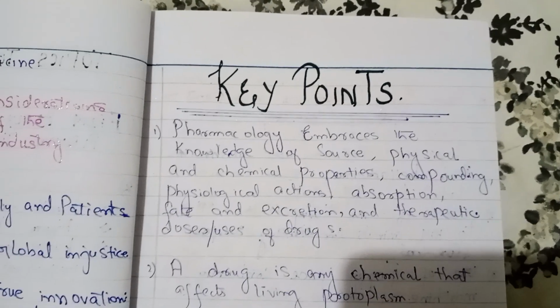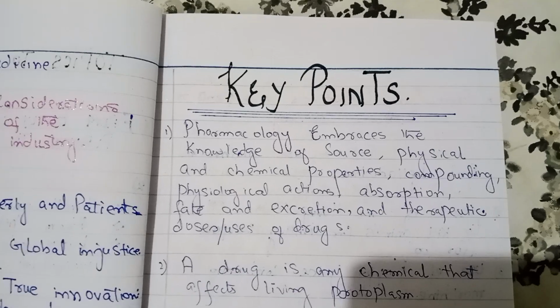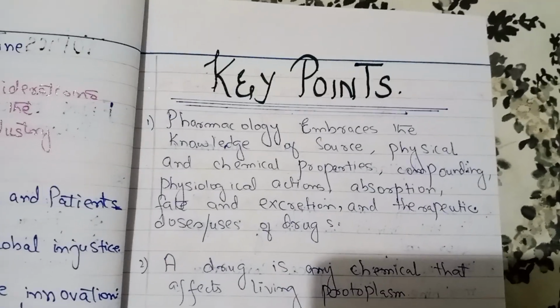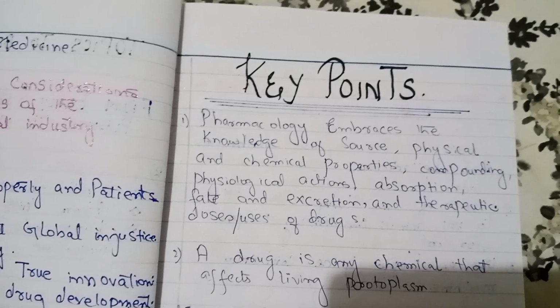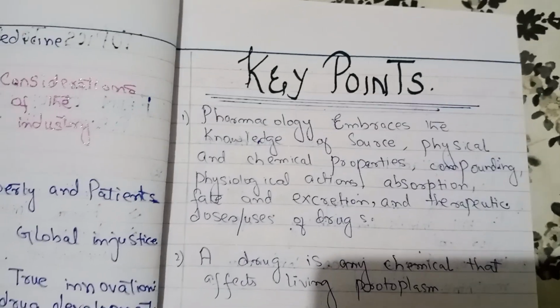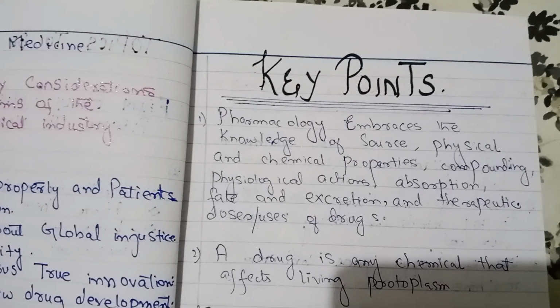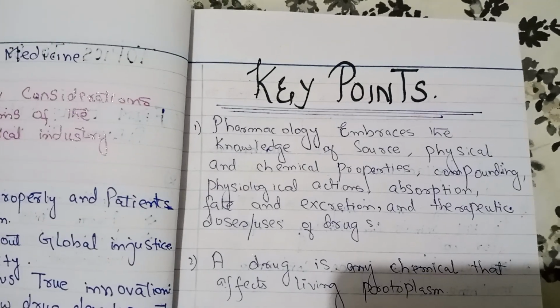Pharmacology tells us about the source, that is, from where the drug has been obtained. Physical properties include how soluble the drug is, what its color is, and what the nature of the drug is. Chemical properties include things like boiling point.